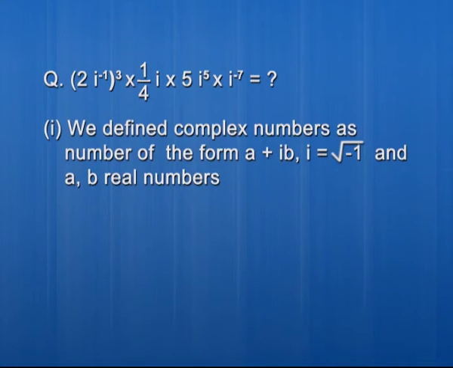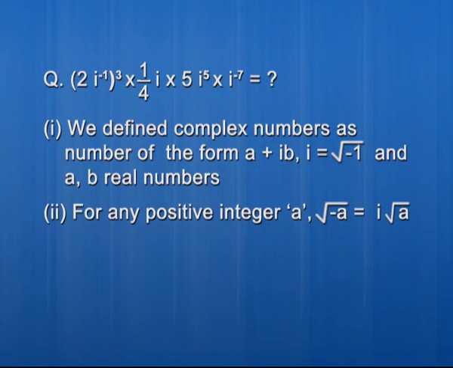In today's lecture, we defined complex numbers as numbers of the form a plus ib, where i was the value of square root of minus 1 and a and b were real numbers. We also saw that for any positive integer a, the square root of minus a was i times square root of a.